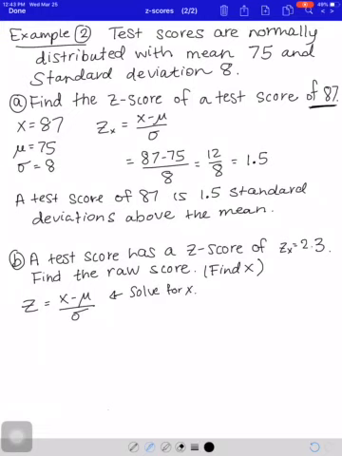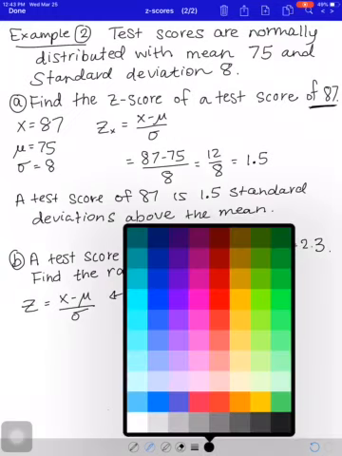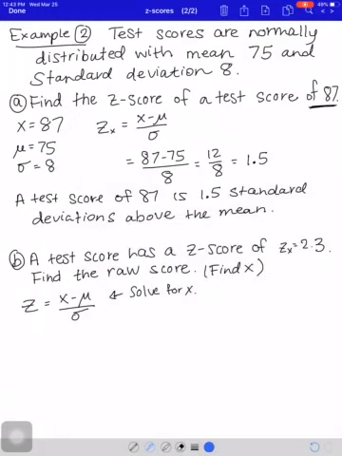All right, so what can we do first to solve for x? Maybe I can start by multiplying both sides by sigma in order to clear my denominator. When we do that, the sigmas on the right-hand side cancel, and what we're left with is sigma times z is equal to x minus mu.